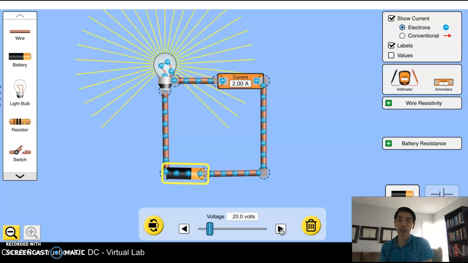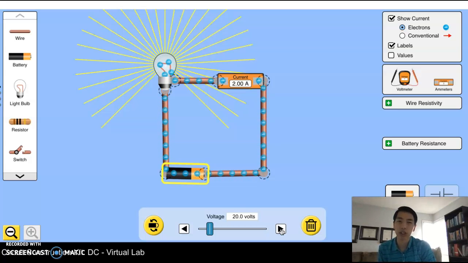So that's something you can control, and that's true in real life too. Now, I mean, not really with the batteries we buy at the store, because those come with a preset amount of voltage, like a AAA battery, AA battery. All of those are 1.5 volts. I could put two of them together to make 3 volts, three of them together to make 4.5 volts. I can control it that way.